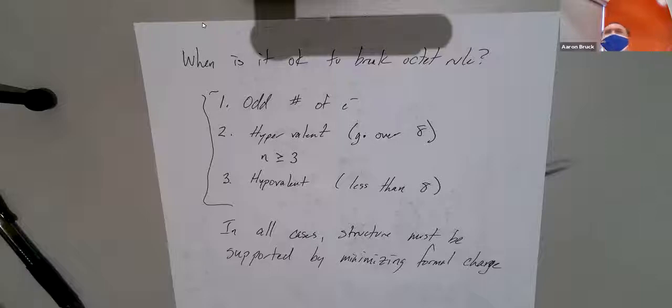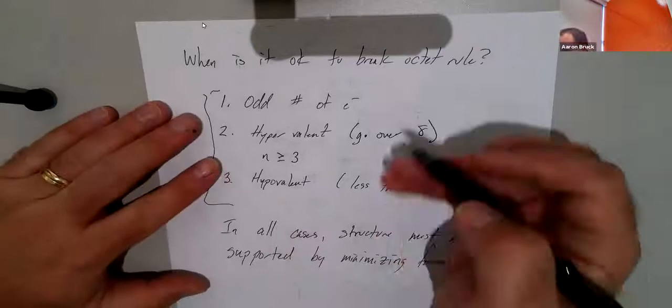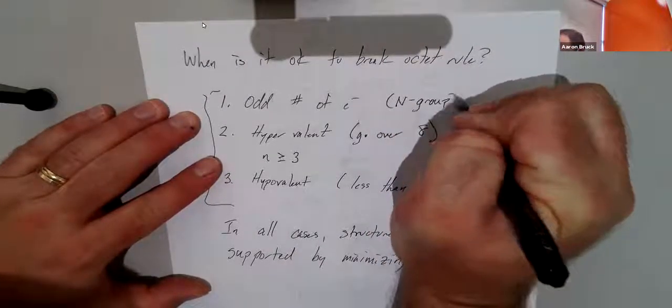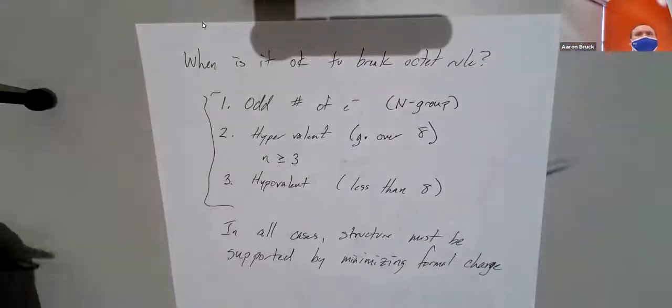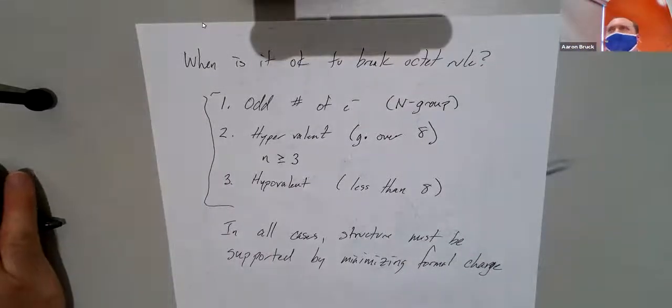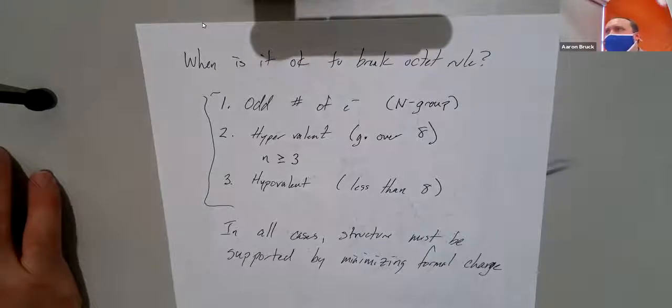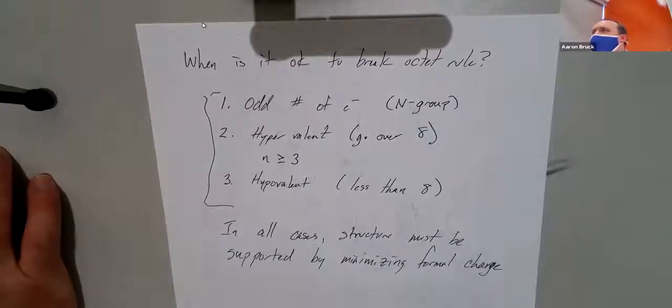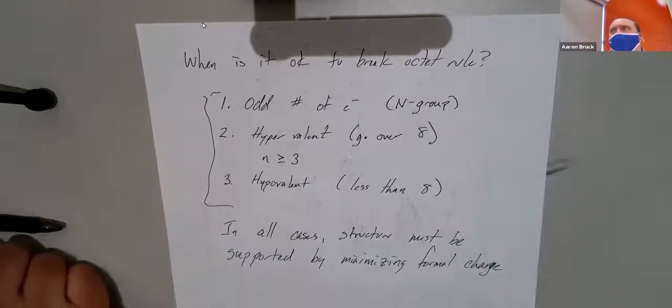So for example, if I have an odd number of electrons, classic examples of this are nitrogen group substances, things like nitrogen monoxide, nitrogen dioxide. In those cases, I'm going to end up with an odd number of electrons.